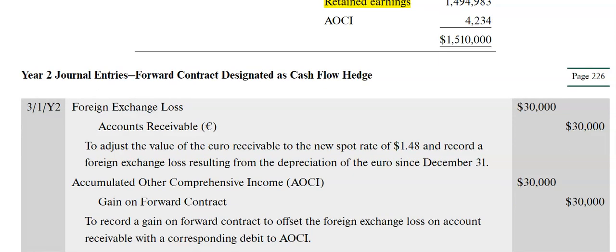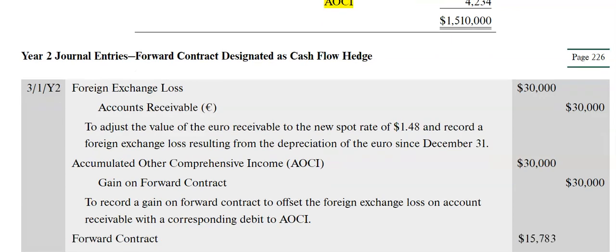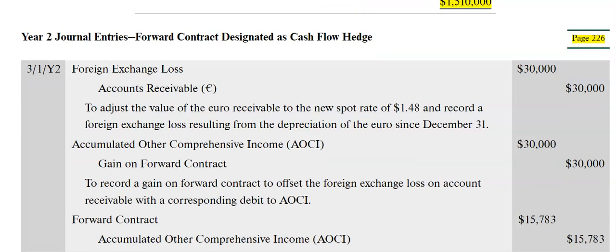Retained earnings, $1,494,983. AOCI, $4,234. Total $1,510,000.